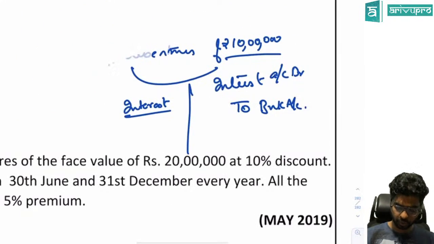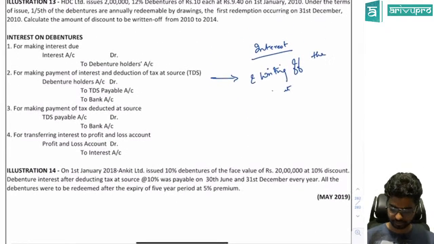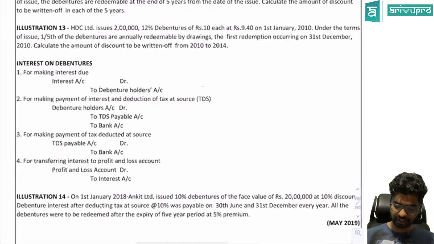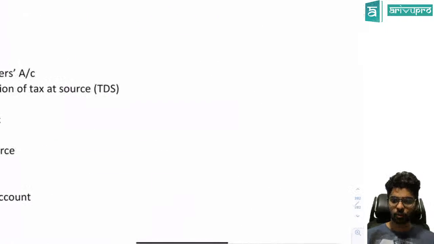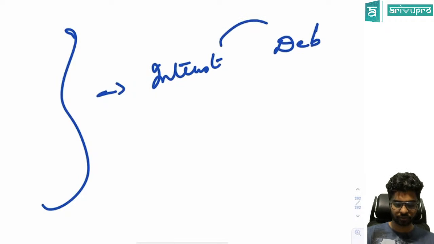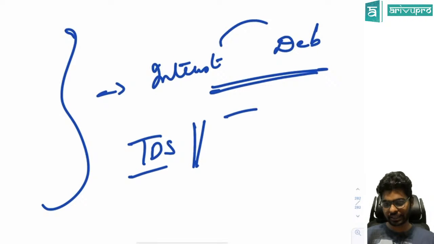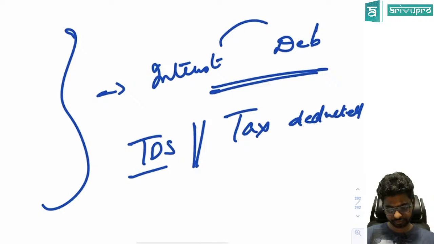Correct? Now, where is the difference in debenture interest over this? Whenever, as per the company law, you are paying interest to the debenture holder, there is something called TDS. TDS stands for tax deducted at source.